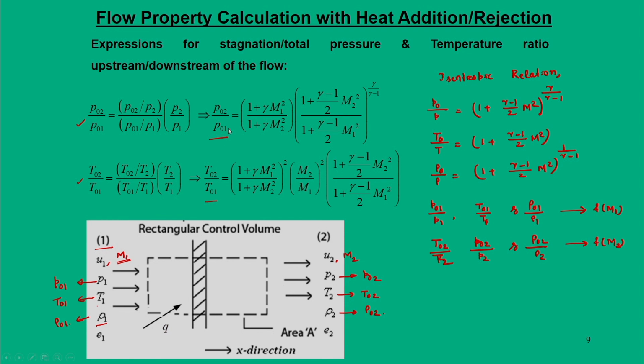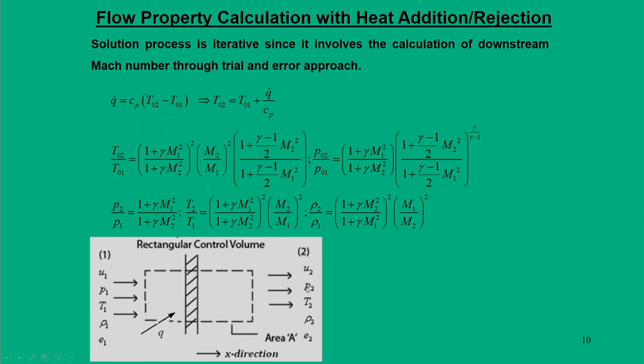Of course, once you know P naught 2 and T naught 2, one can also evaluate rho naught 2, where rho naught 2 can be written as P naught 2 by R T naught 2. So, likewise all properties of downstream conditions are expressed as functions of upstream parameters.